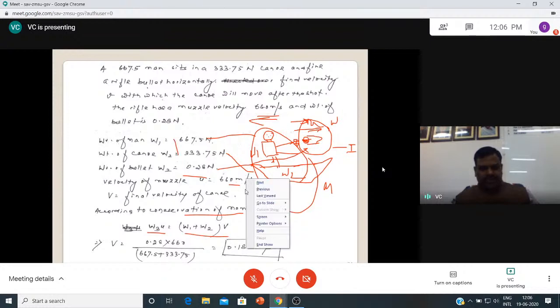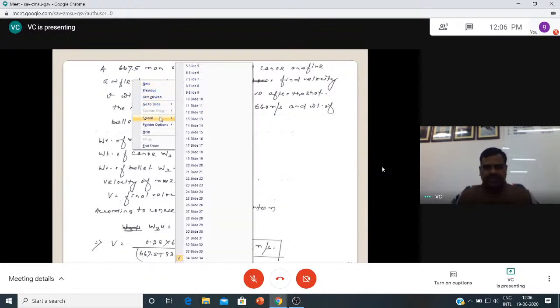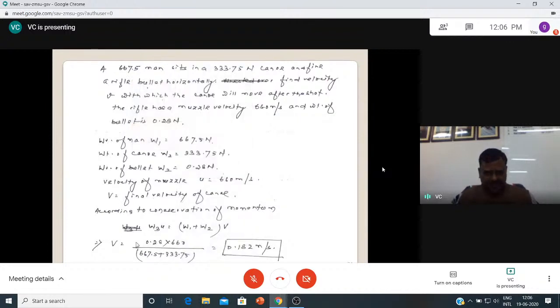If we substitute this, this is how we obtain the expression. This expression can be represented as V equal to the velocity. This is the common velocity we got of boat and man.